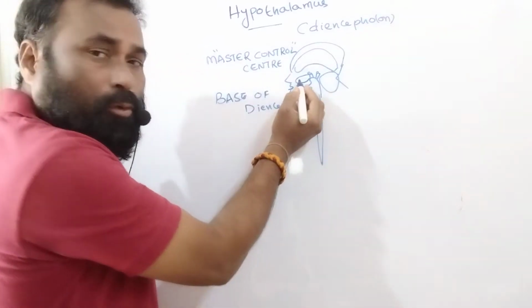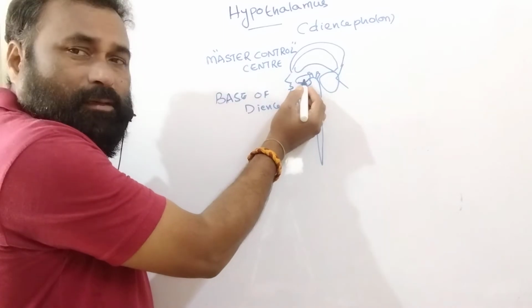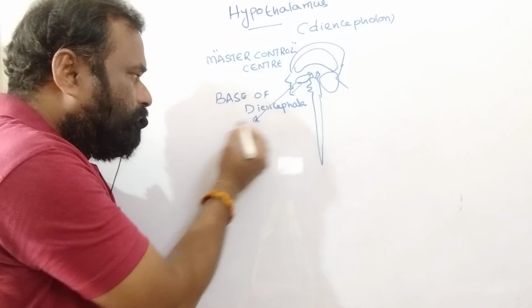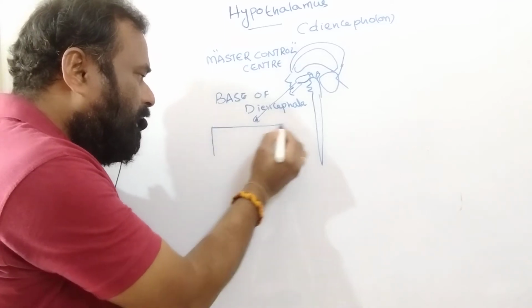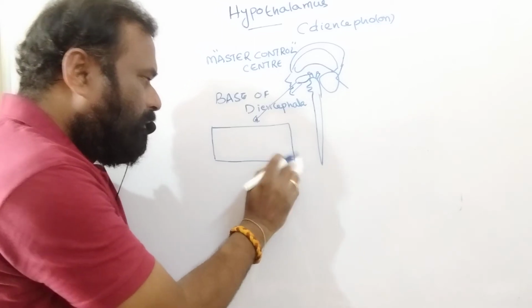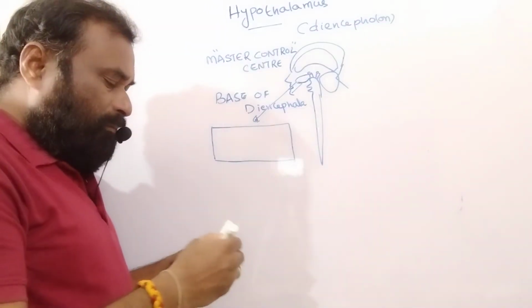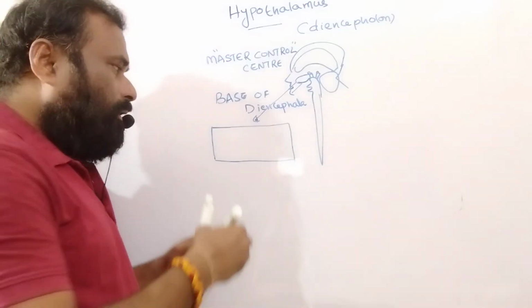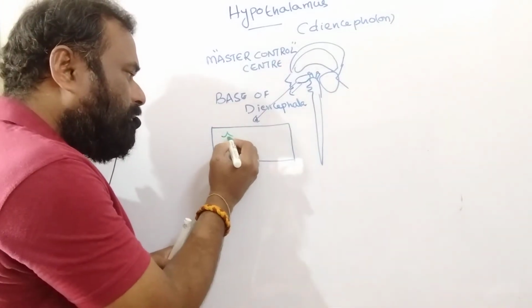So here I zoom out the hypothalamus. This is the hypothalamus. This hypothalamus has nuclei. You know what nuclei are?